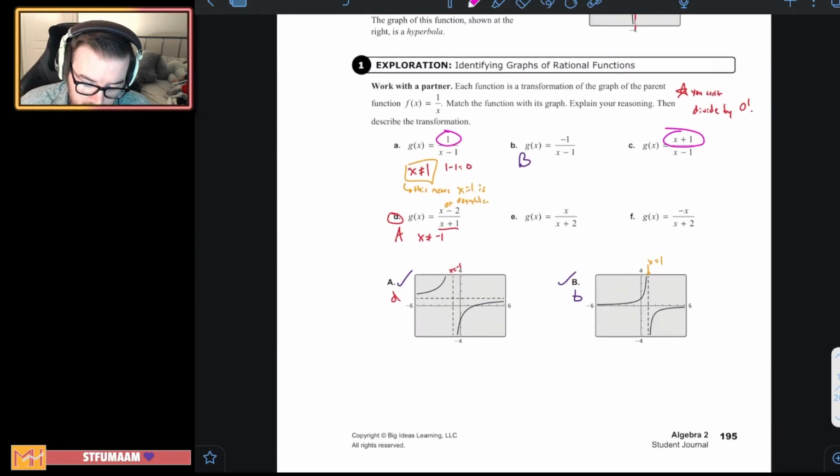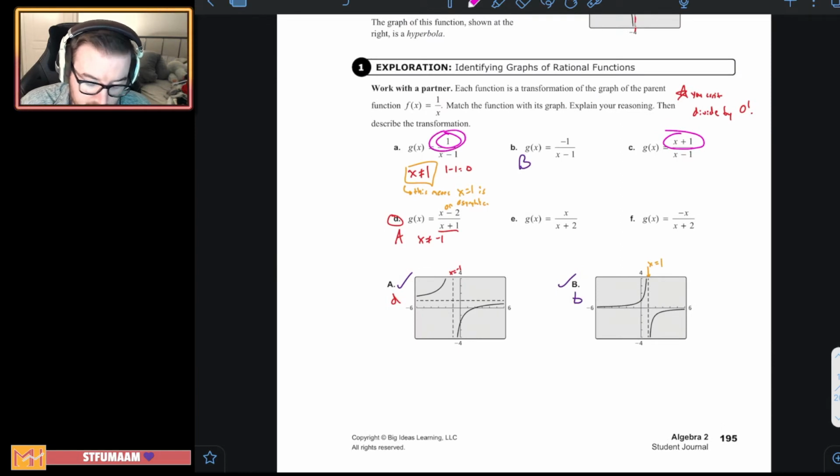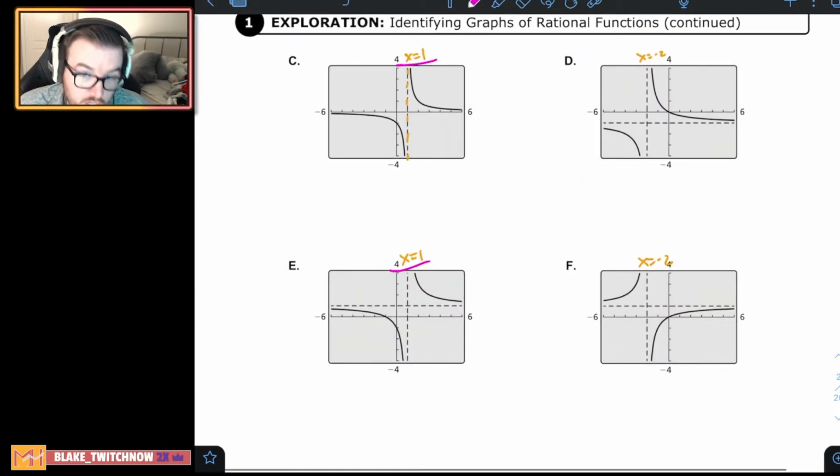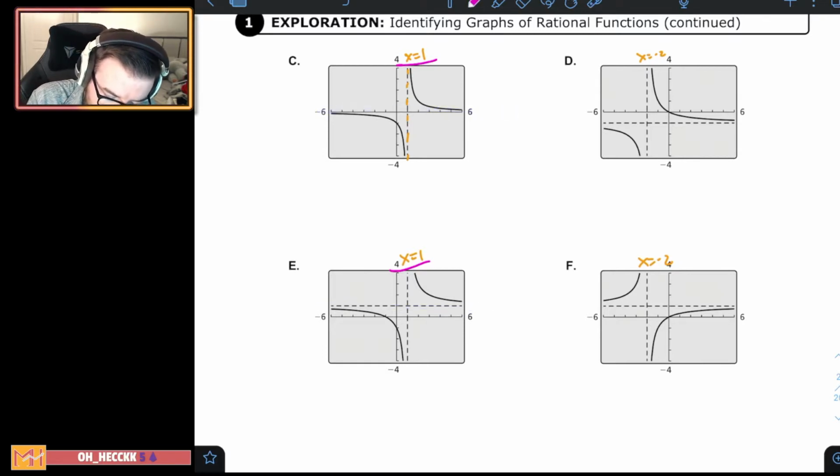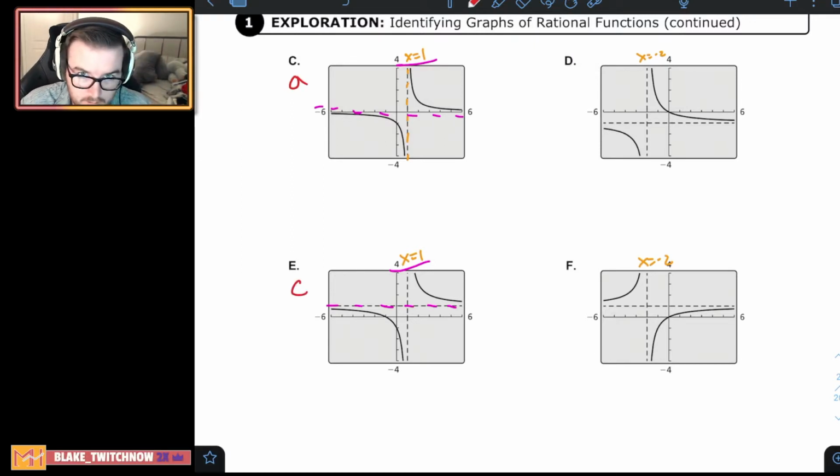So there's option A without anything in the numerator essentially, and option C that has something in the numerator. The numerator has to do with this horizontal asymptote. You can see here the horizontal asymptote is at 0, this one is at 1. So guess what? This one is A and this one is C.